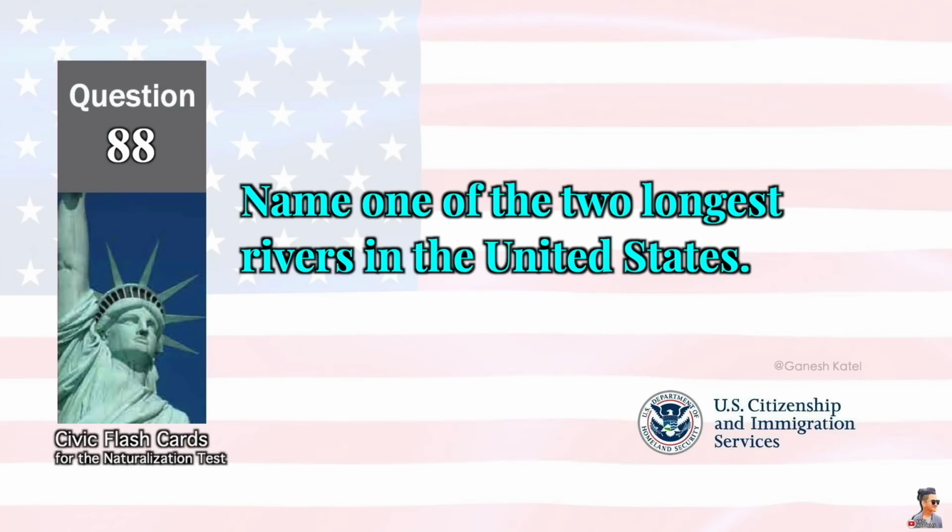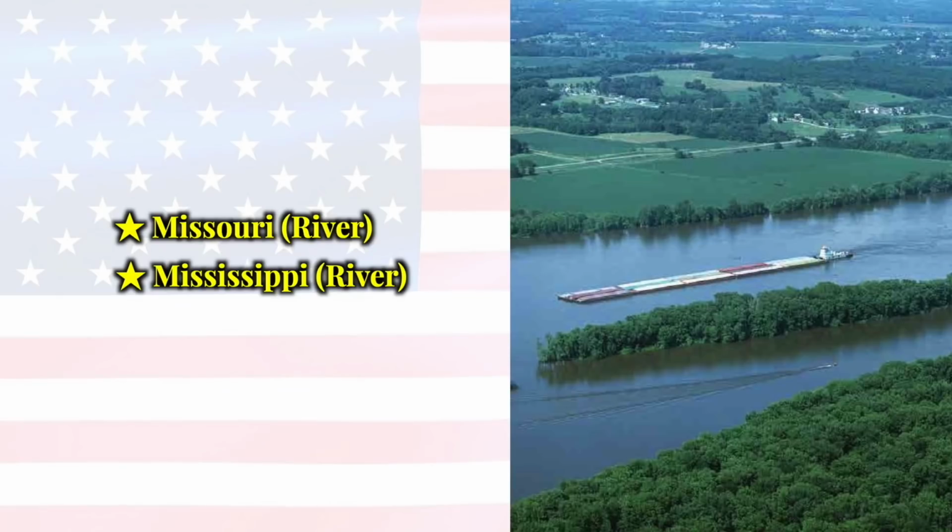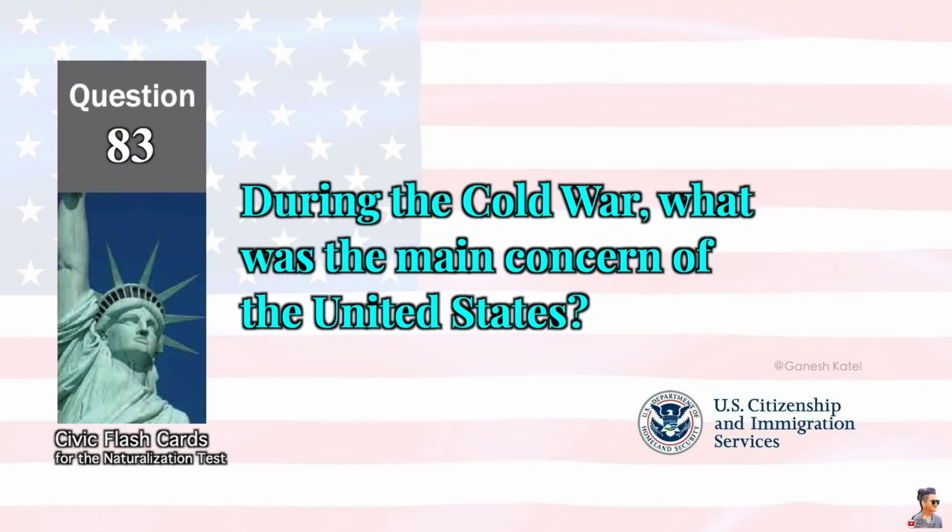Name one of the two longest rivers in the United States. Missouri River. Mississippi River. During the Cold War, what was the main concern of the United States?